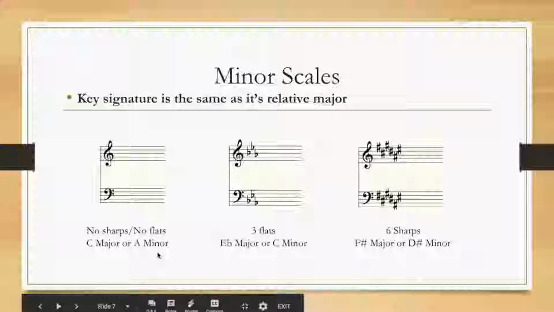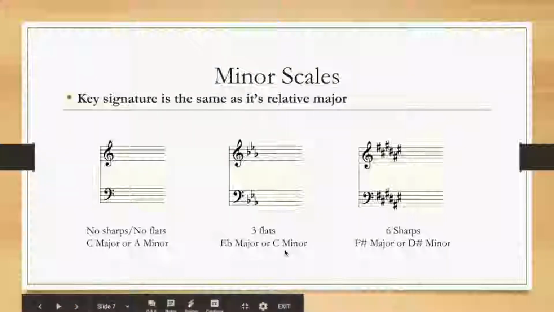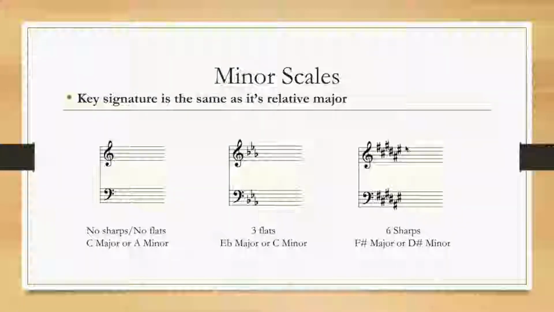E flat major, remember, going to the next to the last flat right there. That key signature is exactly the same as its relative minor, C minor. Okay? And finally, this one is the major key of F sharp. If you go down a minor third, you'll be at D sharp. Exact same key signature.